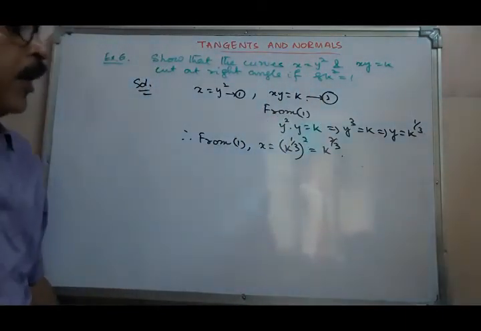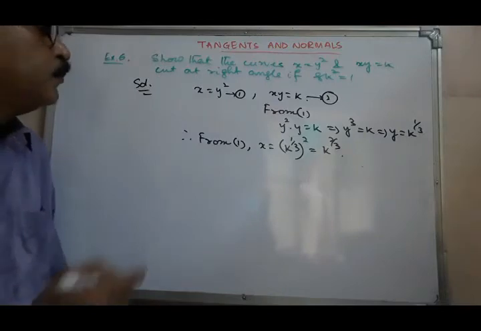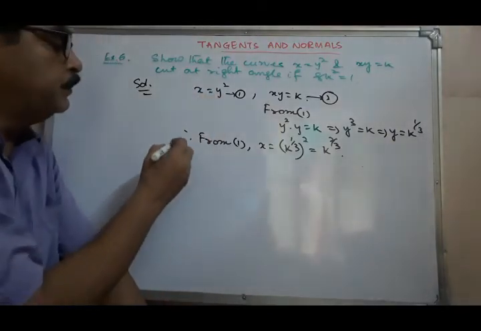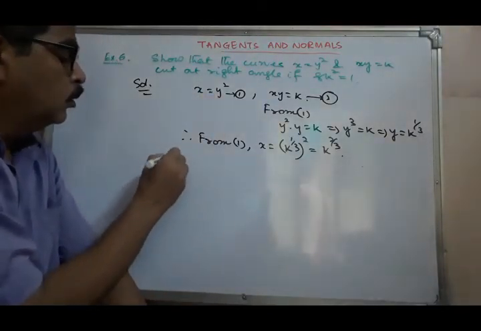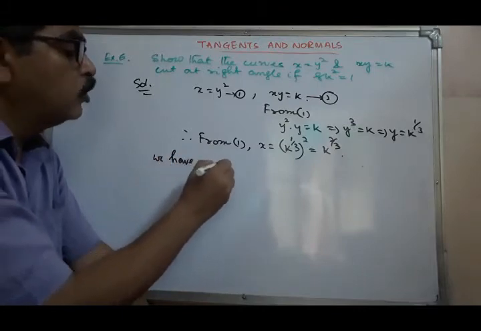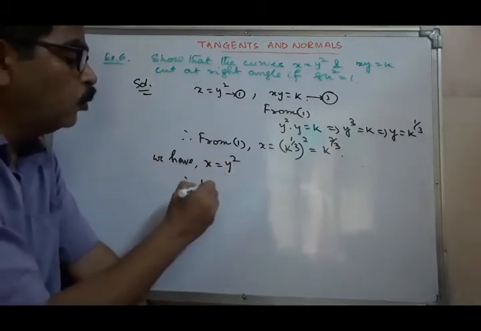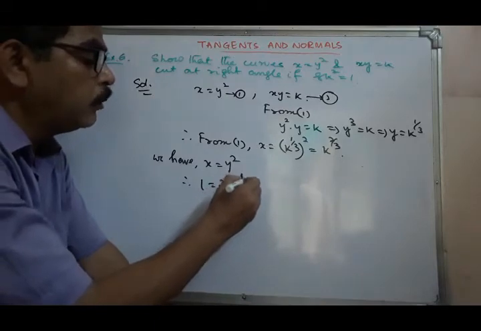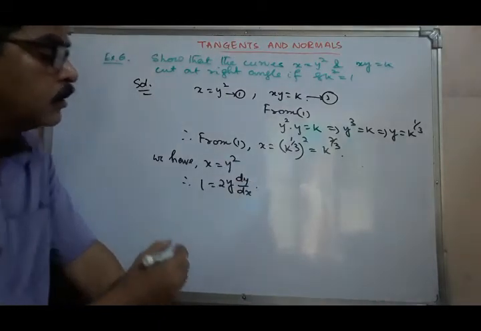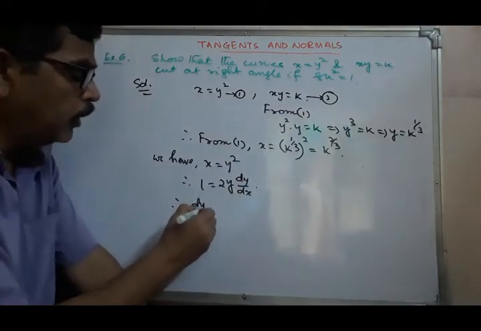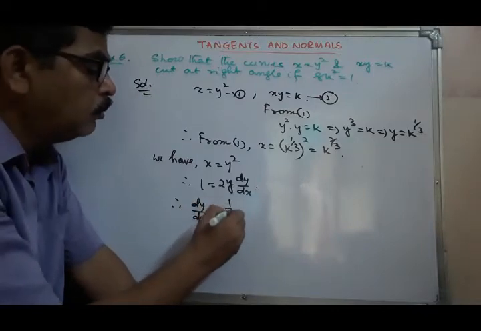Now we are going to find the slope of the two curves. We have x equal to y square, so therefore 1 equal to 2y dy by dx, therefore dy by dx is 1 by 2y.